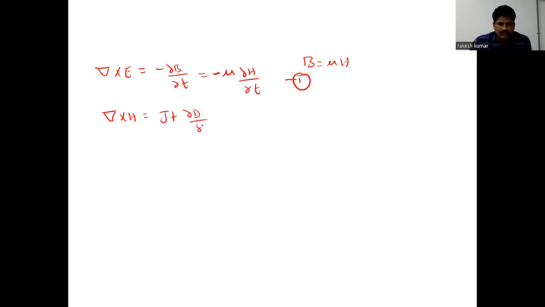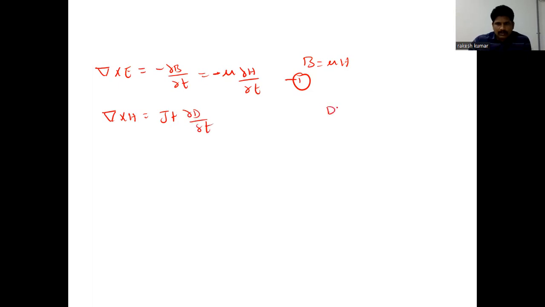For example, curl E is equal to minus dou B by dou t. We know the relation B is equal to mu H, so the same thing I can write as minus mu dou H by dou t. Let's consider this expression.